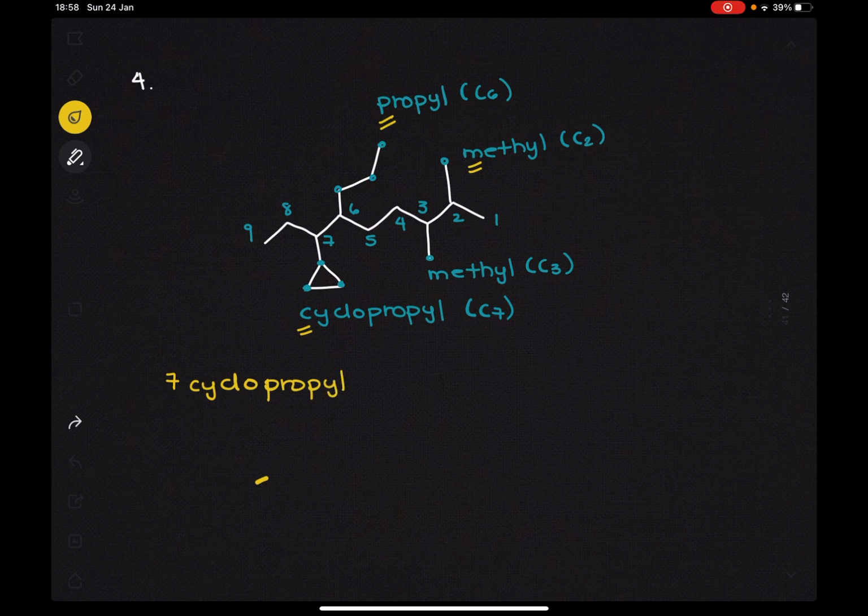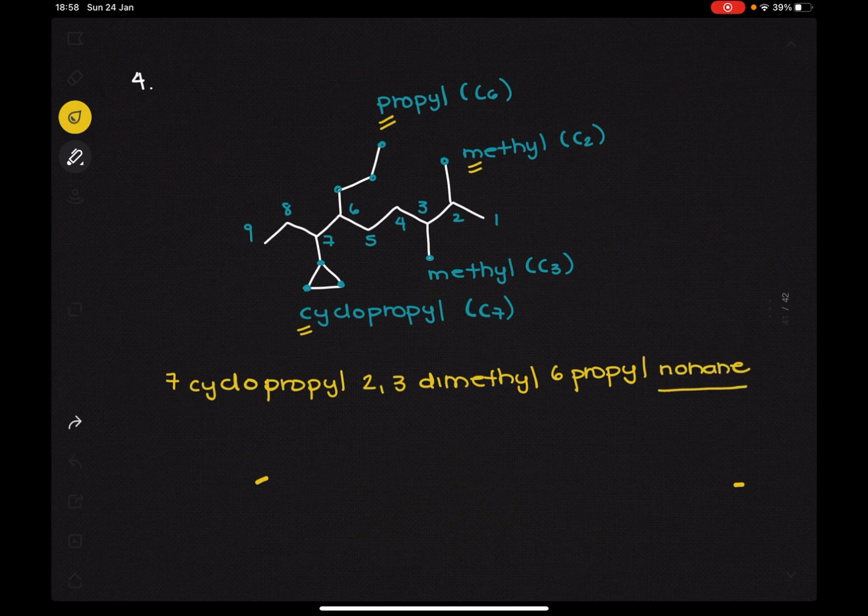And then I have the M, so it's going to be 2,3-dimethyl because I have 2. And my last one is going to be 6-propyl. And I have 9 carbons, so it's going to be nonane.